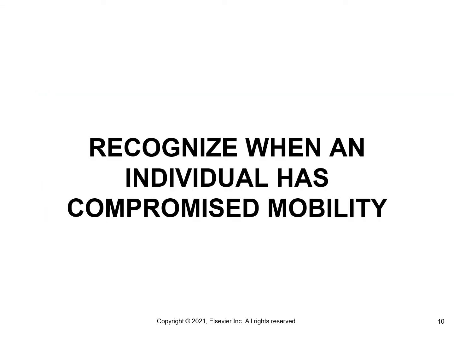So to be able to recognize compromised mobility in an individual, you have to have some tools in your toolbox. One of them is your ability to do the health assessment, and that you can get from your health assessment course. Of course, you come forward with your anatomy and physiology, but then in your lab, you're doing passive range of motion for your individual patient, and you are able to differentiate and recognize who is in need of passive range of motion and who can do their own active range of motion.